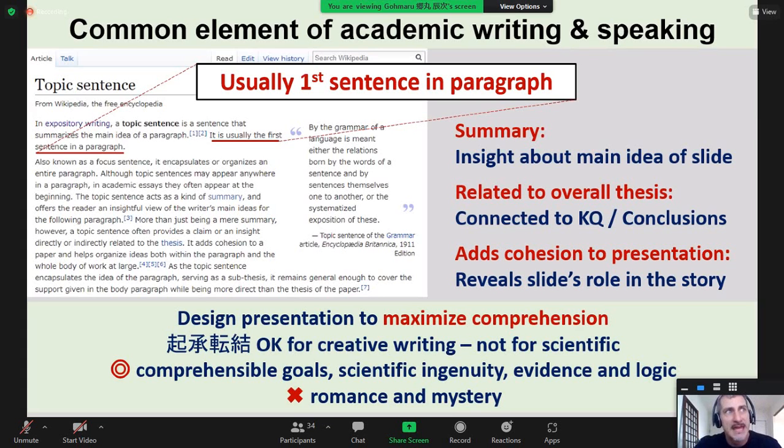We want them to be able to appreciate our scientific genius of creating a strategy to answer our goals, to answer our question, and to comprehend what evidence we have and the logic to get our answers. Romance, mystery, suspense, we don't need these in a scientific presentation.